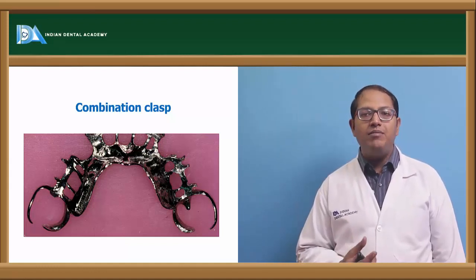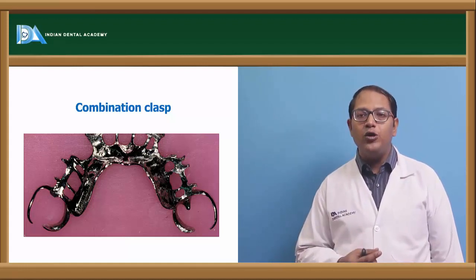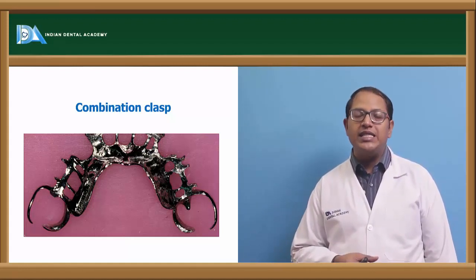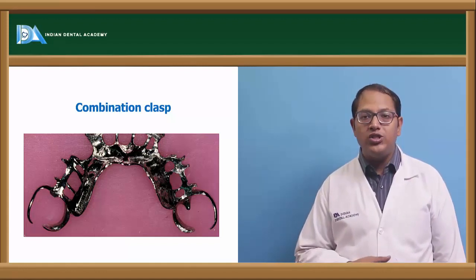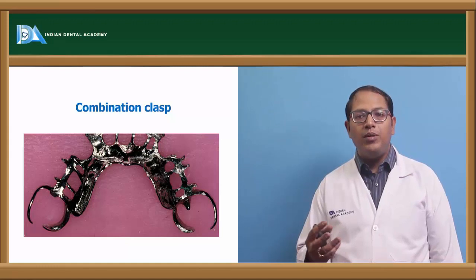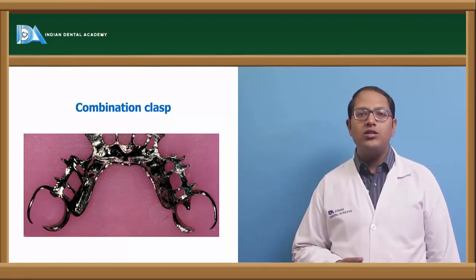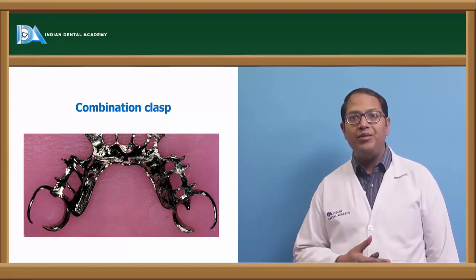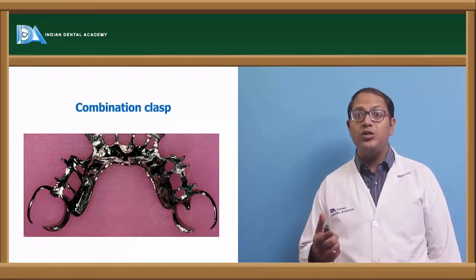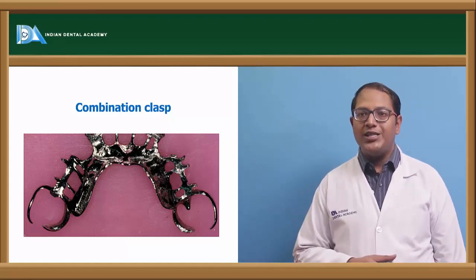The reciprocal arm should counteract the forces generated by the flexible wrought metal alloy in that area. The retentive terminal reaches the undercut from above the height of the contour, as with all circumferential clasps, so it is also considered under circumferential clasp. But due to its flexibility, it can be used in mesiobuccal cases where there is a mesiobuccal undercut. That is the most common indication for a combination clasp.